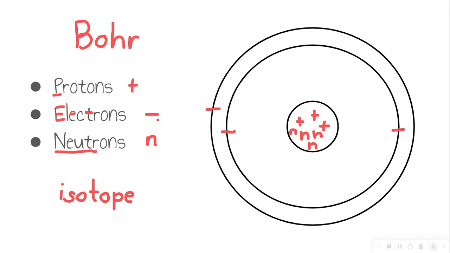Electrons have a negative charge, and in the Bohr model, these electrons are orbiting the nucleus like planets orbiting the sun. And each shell or circle can only hold a certain number of electrons. And they're always trying to have a full outer shell. Neutrons have a neutral charge. Neutrons are found in the nucleus, and there can be a variation in the number of neutrons. And these variations are called isotopes.